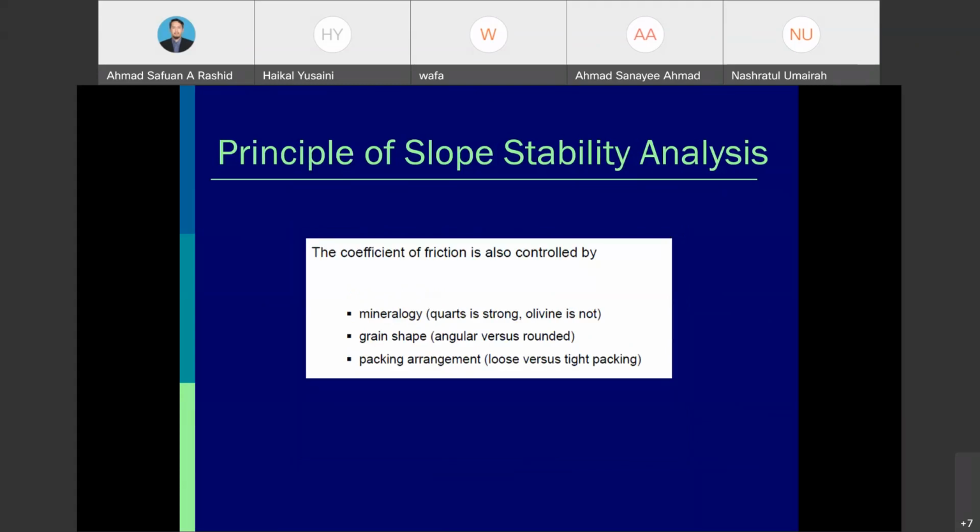This is the type of mineralogy in the soil material. The grain shape, angular, has higher friction compared to round shapes, and for the packing arrangements, loose has less friction compared to tight packing. So there are several explanations for the coefficient of friction.